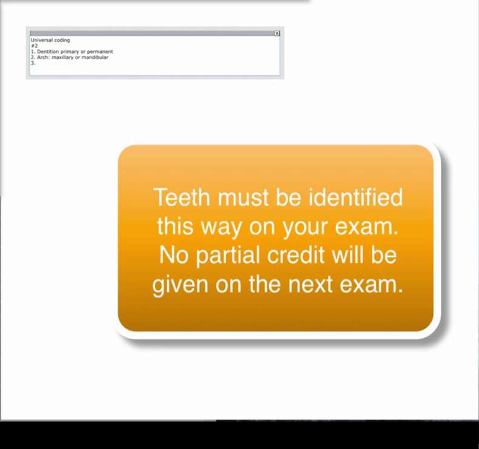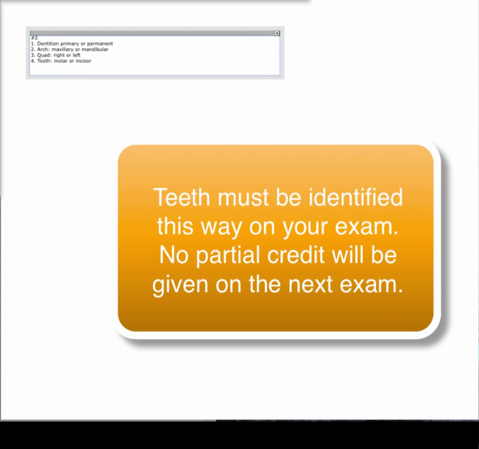I did give credit if you had a quadrant number on it, but that won't be true from here forward. So in the universal system, the quadrant would be right or left. Then you give the tooth. You're going to say molar or incisor, but that's not really specific enough.